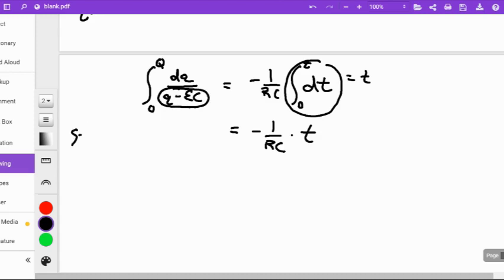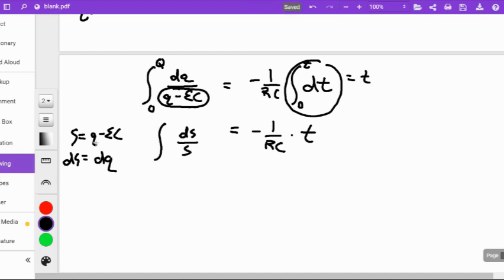Call that S. Then my ds is simply the derivative with respect to q, which is just dq. That's really nice, because it allows me to rewrite that integral as ds over s.